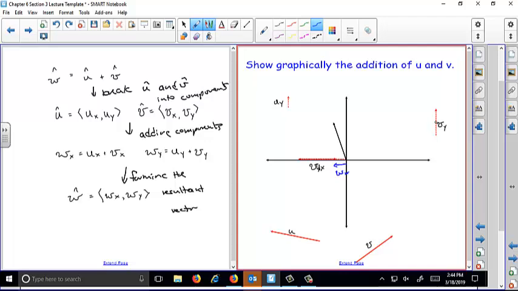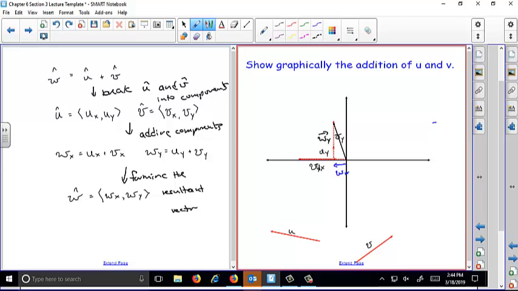The same thing can be applied here. I can take the y component of the first vector, and I add that to the y component of the second vector. These added together give w sub y.